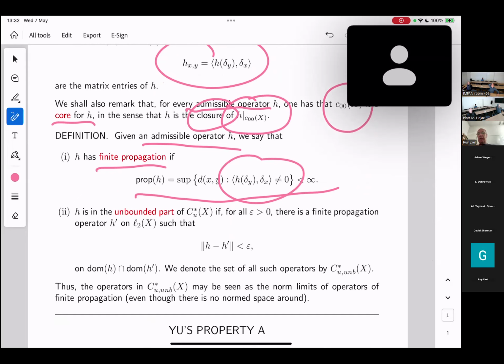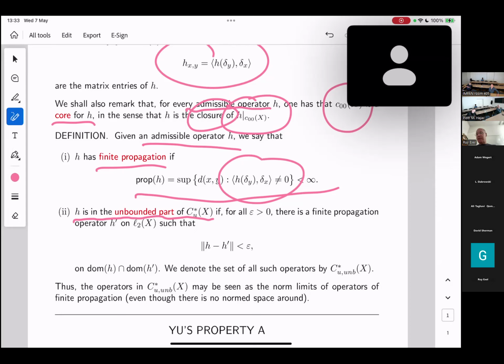Now, within this definition, we are also defining what is an operator lying in the unbounded part of C star U of X. Now we have arrived at the definition that we were talking about, morally belonging to.